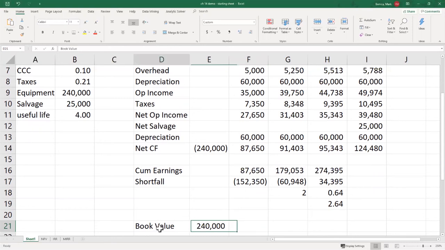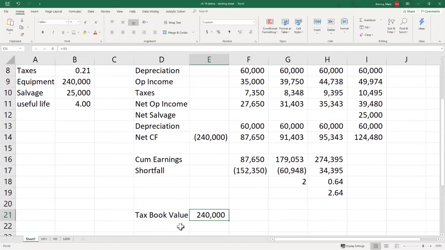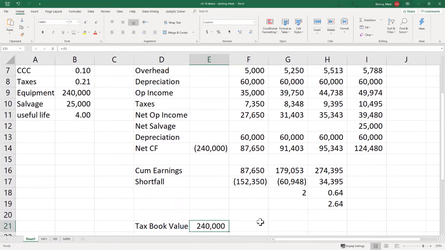Maybe we ought to say this is our tax book value, because I'm going to tweak it in a minute. So our book value for tax purposes is going to equal the purchase price minus the amount of depreciation that we take. It doesn't really matter where we take it from. Grab it right there.